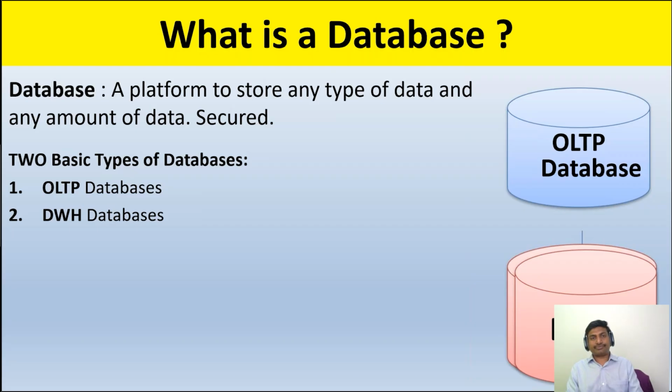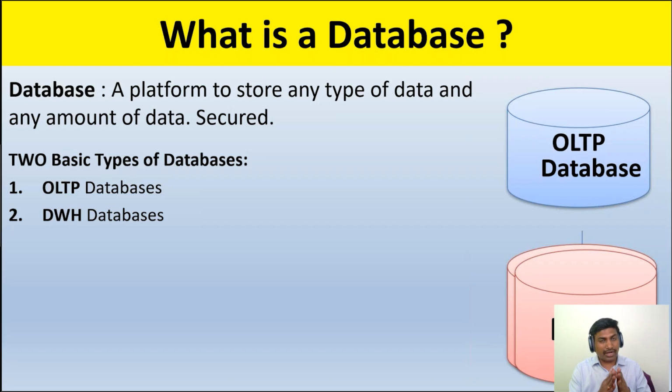On my screen, we know a database is a platform to store any type of data, any amount of data. There are two basic fundamental database categories: OLTP and data warehouse. OLTP stands for live real-time data, and warehouse is for old historical data, past inactive data.